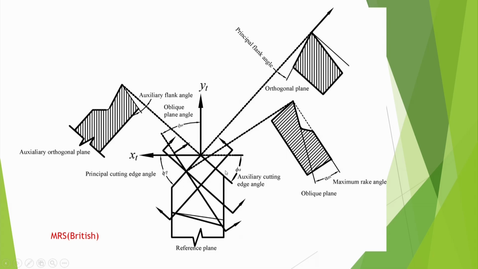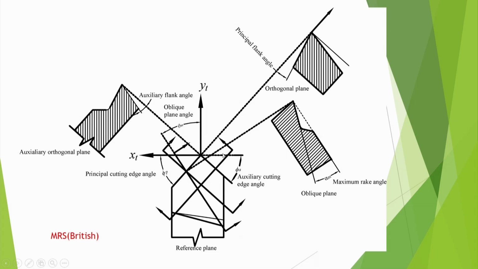That means I am cutting a maximum rake angle plane here, this section, and this is the maximum rake angle, here the slope is maximum, so it will give an idea of how the chips are flowing here. And then similarly we will make the auxiliary orthogonal plane in which I can show the auxiliary flank angle, and this is complete. Okay, so this system is there.